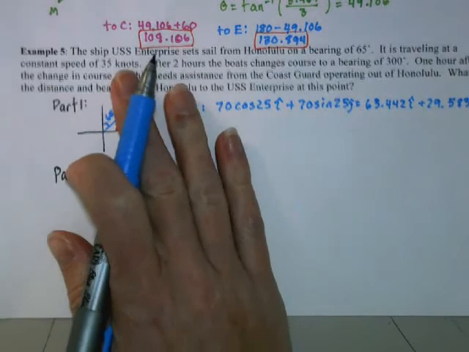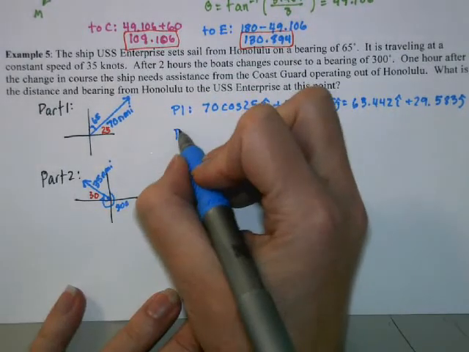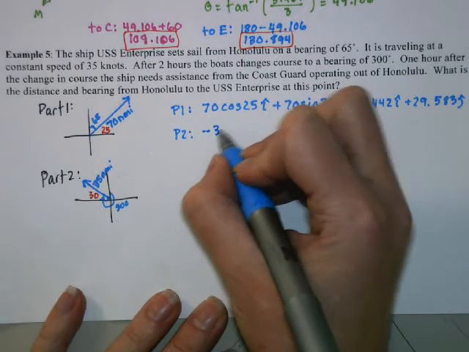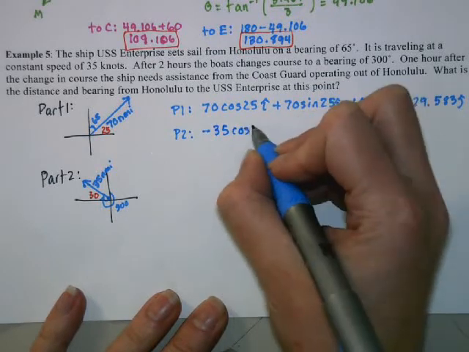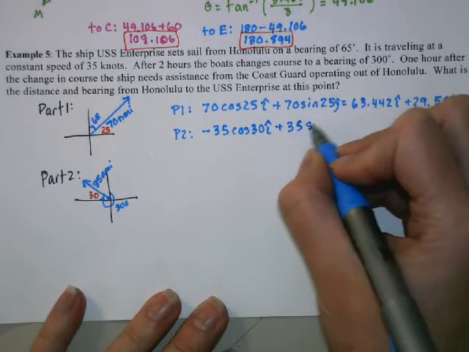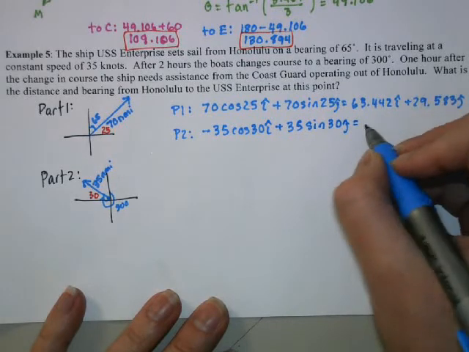Okay, so get that. Part 2 of our journey is a negative positive, so negative 35 cosine 30 i and 35 sine 30 in the j direction.